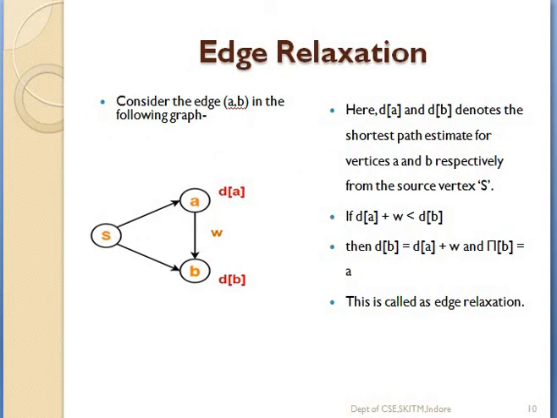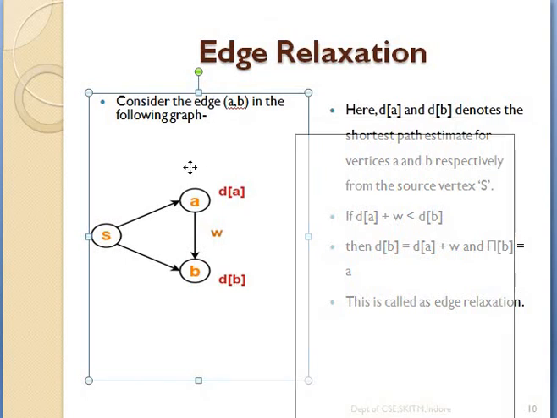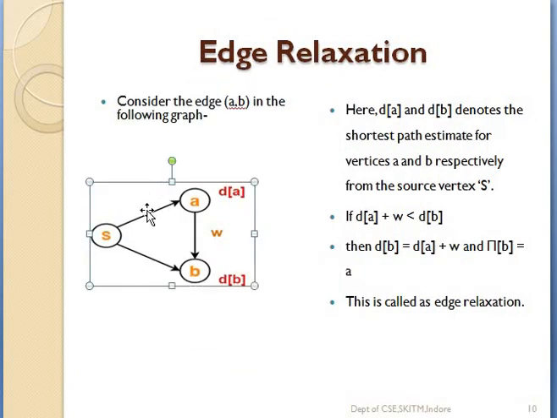Now let us see what an edge relaxation is. To understand this, consider this graph. Here distance a and distance b denote the shortest path estimates for vertex a and vertex b respectively from the source vertex s.